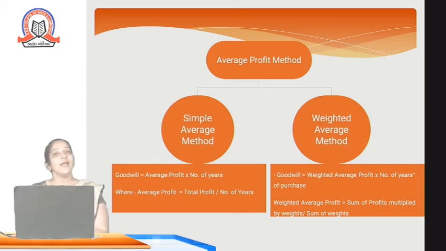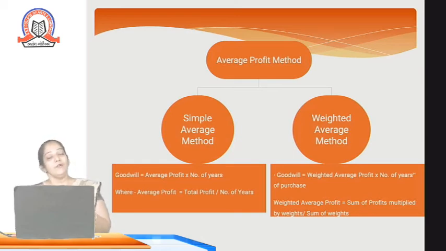Now, how will we calculate the weighted average profit? Weighted average profit equals the sum of the profits multiplied by the weights, divided by the sum of the weights. That means if the total weights for 5 years is 20, we have to divide the multiplication of two things, that is profit into weight, by the total of the weights. With the help of this formula, we will be able to find the weighted average profit.